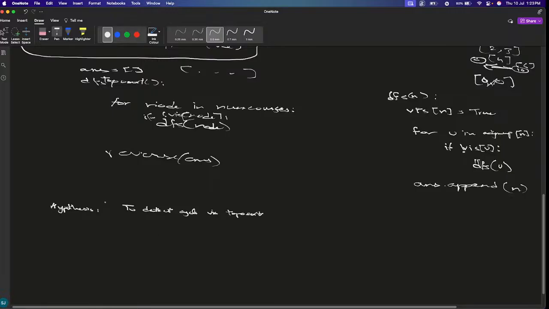That's the problem statement, and the hypothesis is, in very layman's terms, if a node is already visited and it's revisiting again, then it should be a cycle.